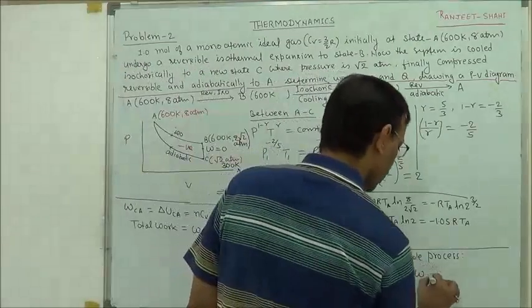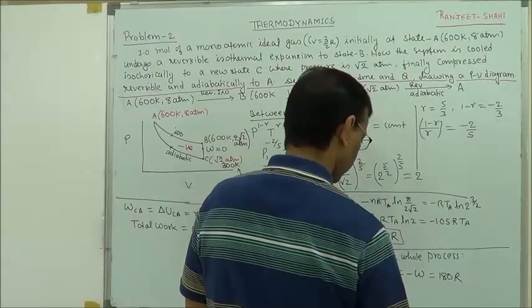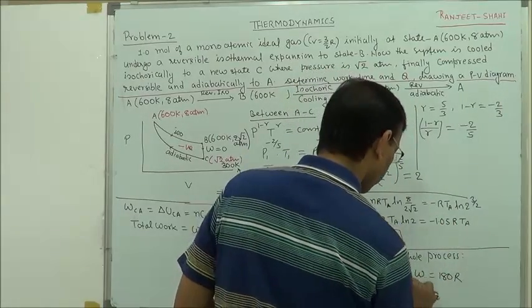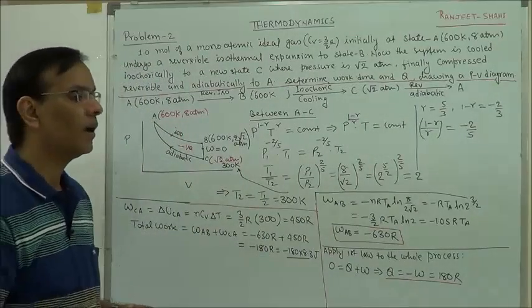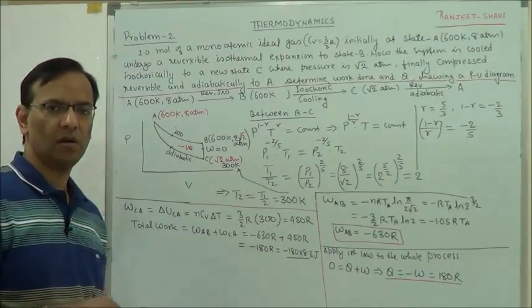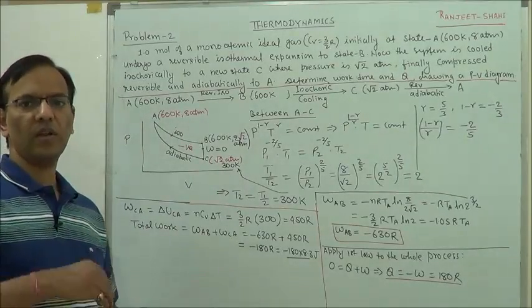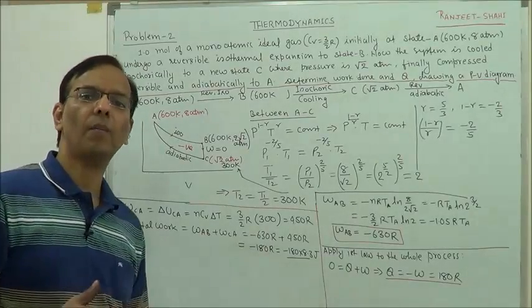It will be 180 R. So this way we solve problems when there is more than one type of processes combined together.